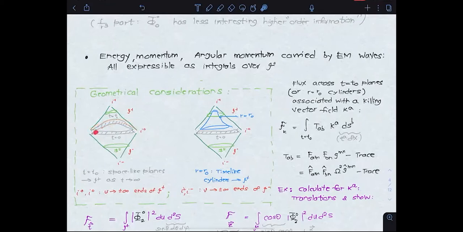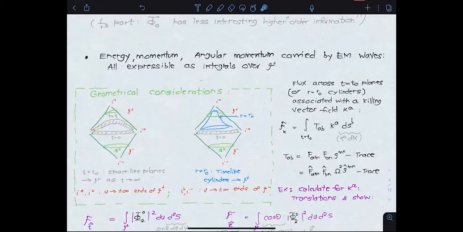Sorry, not boost: if I were to look at a time-translated surface, so t equal to 0, and t equal to t0 up here, it will be a surface which will look like that. Let me try to draw it better. So this is a plane. It is again coordinated by x, y, z, and t is equal to t0. And if I take the limit as t0 goes to infinity, then these surfaces approach Scri.